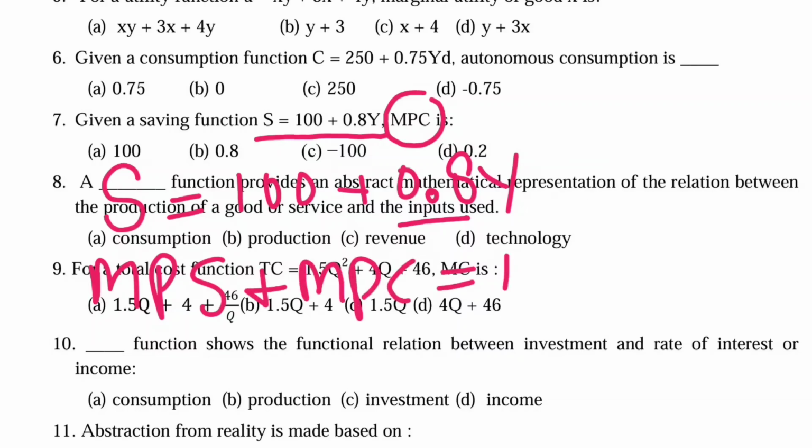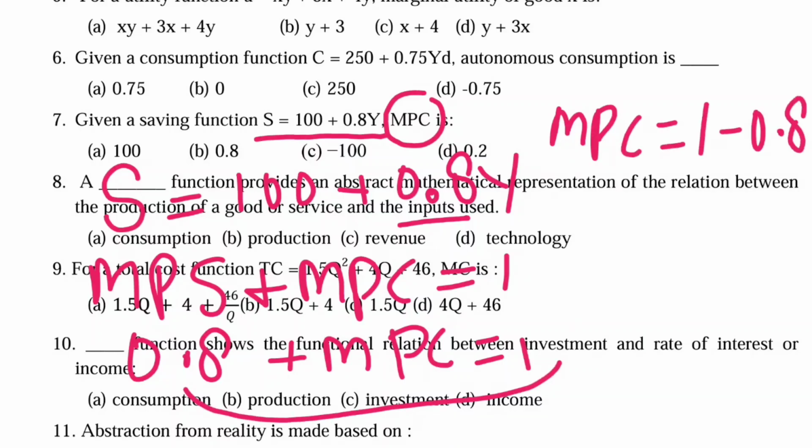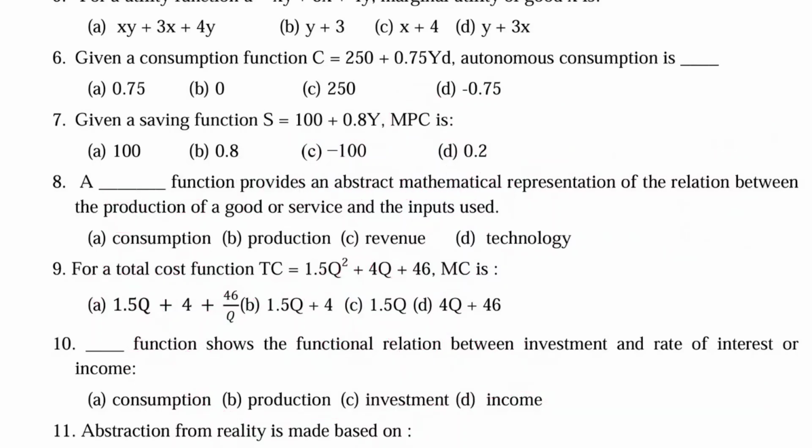Marginal propensity to save is 0.8 plus MPC should be equal to 1, which gives us MPC will be equal to, transpose this 0.8, it gets subtracted, 1 minus 0.8. So MPC will be equal to 0.2. So let us see in the options. Yes, we have 0.2.